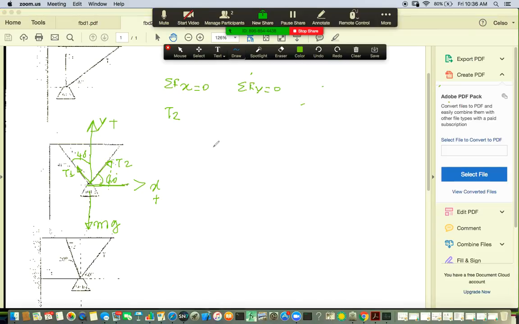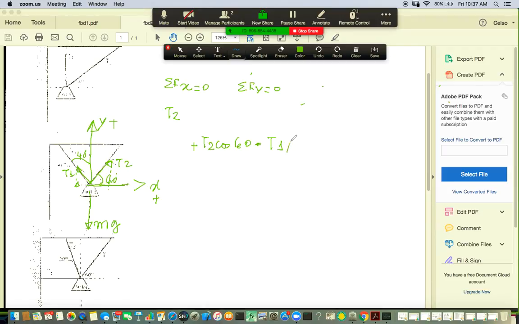So T2 cosine of 60 positive minus T1. Now look at this. T1 projected in x, which is this vector over here. What should you write? Sine? Sine.